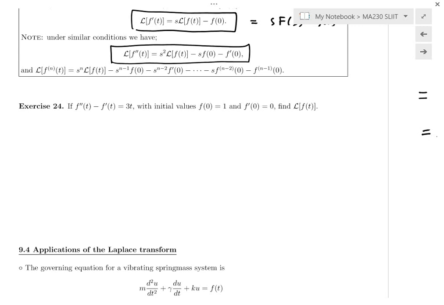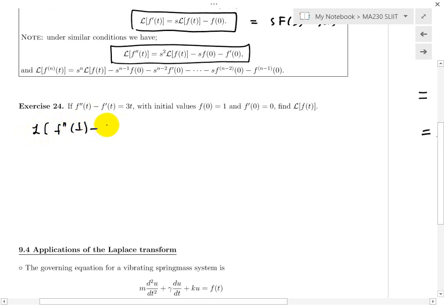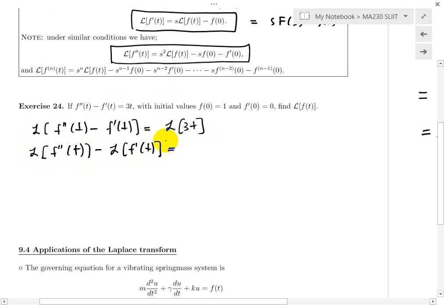So basically we are applying the Laplace transform to both sides. If two functions are equal, their Laplace transforms are equal. Then apply the linearity, so here the Laplace transform of f double prime t, the Laplace transform of f prime t, and the Laplace transform of 3t, or if you want, take the 3 out.